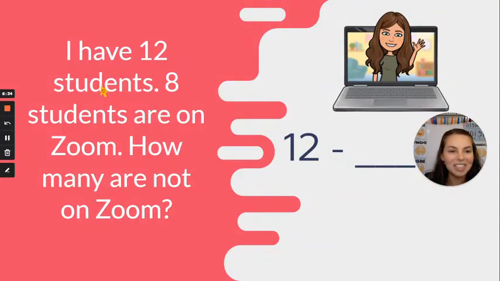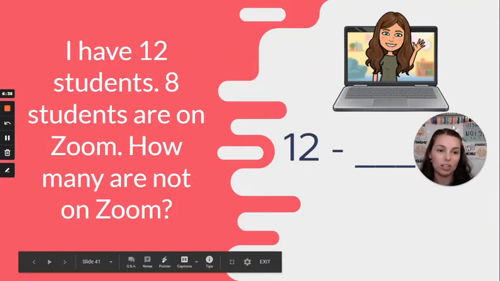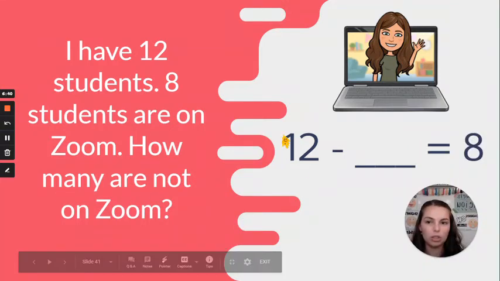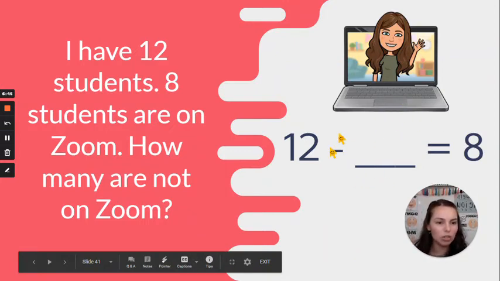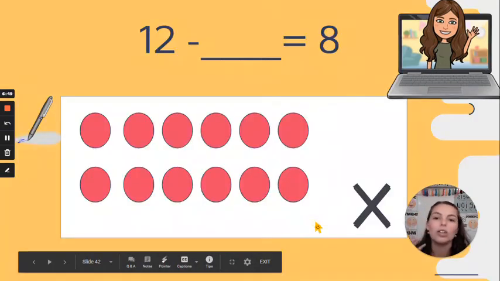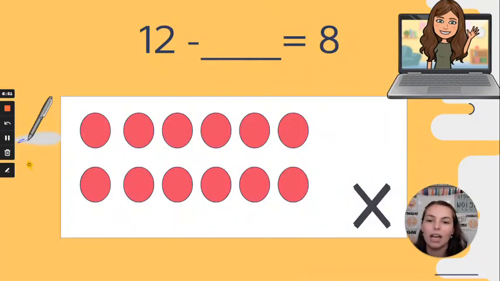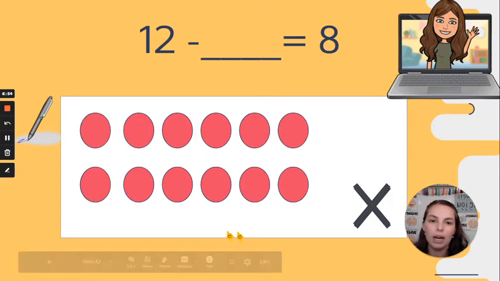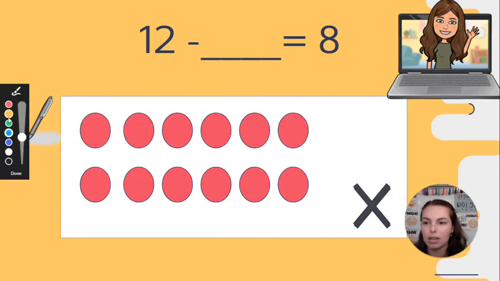I have 12 students. 8 students are on Zoom. How many are not on Zoom? 12 students all together, that's what I start with. And I'm missing some students. I want to know how many I'm missing. So let me draw 12 dots on your paper. And then I ended up with 8. So let me circle 8. 1, 2, 3, 4, 5, 6, 7, 8.